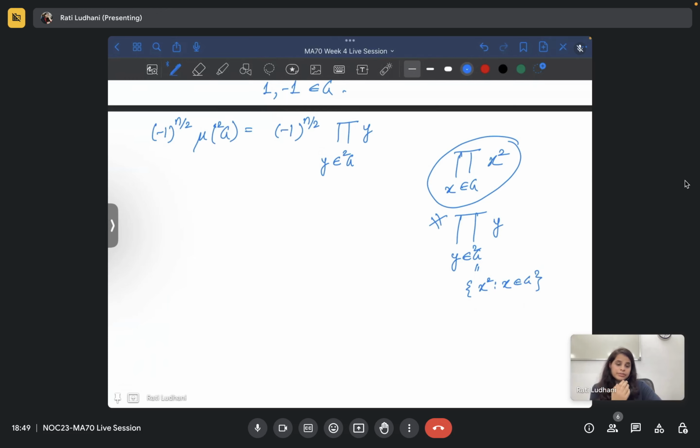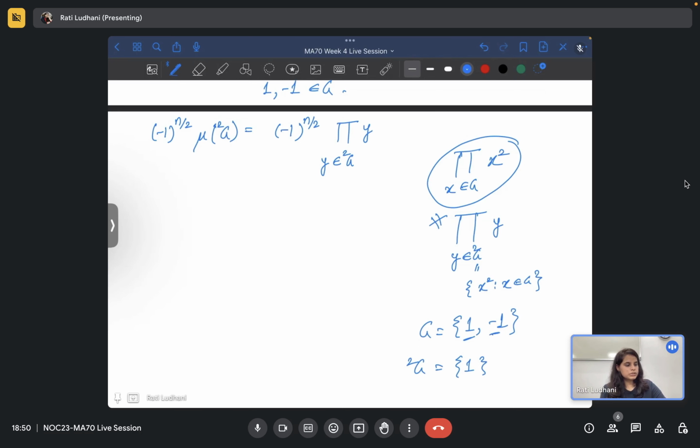Yeah, exactly, very good. So what could happen, for example, you have 1 and minus 1 here only in G, then 2G is just 1. You just take the set with the elements squared. So both the elements will square to just 1, so we will get just product 1.